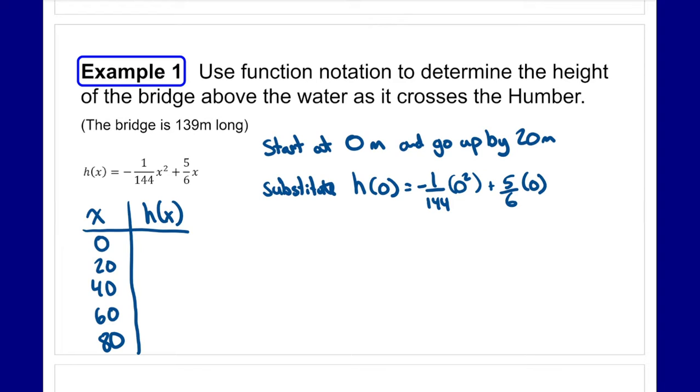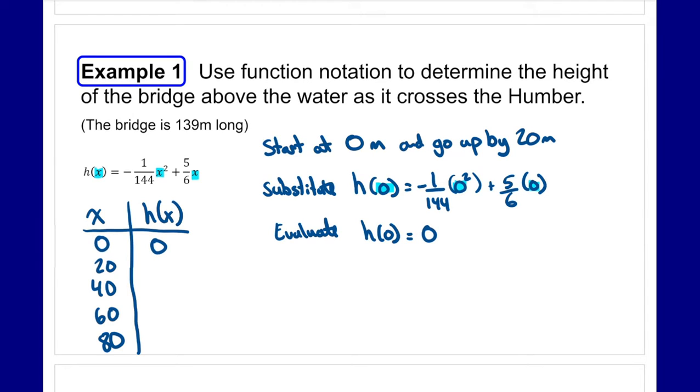All that is telling us is that I'm solving the equation when x is 0. In this case, it works out. So I substitute, then I evaluate, and I get h at 0 is equal to 0, because anything times 0 added together works out to 0.